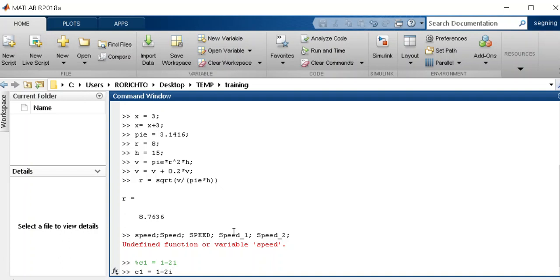So note that an asterisk is not needed between i or j and the number, where i is the imaginary and the number is the real value.